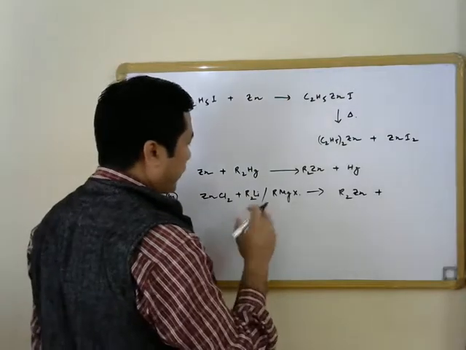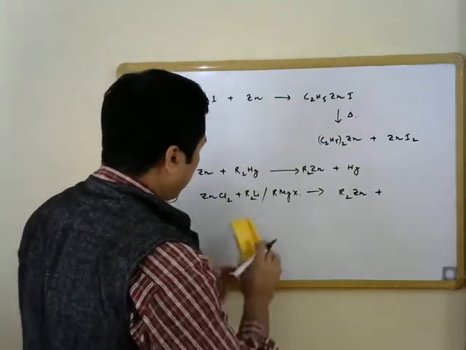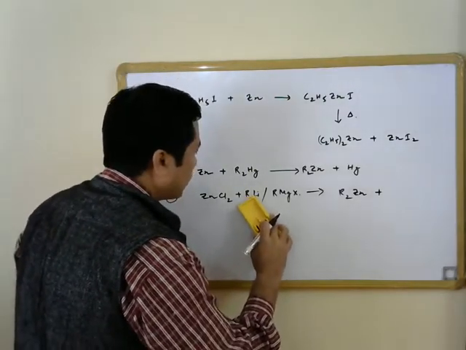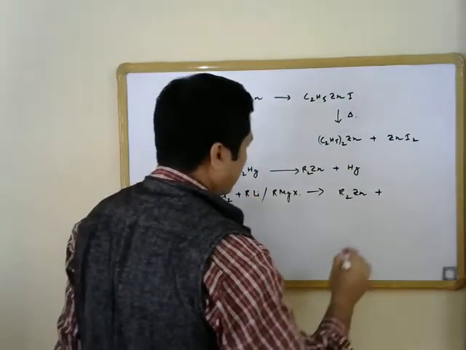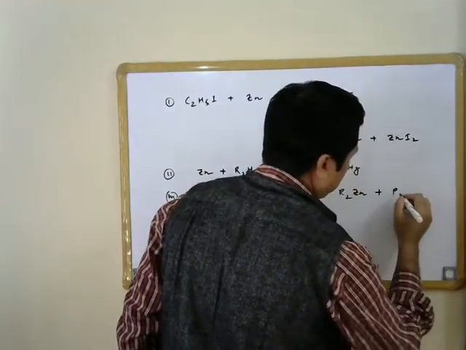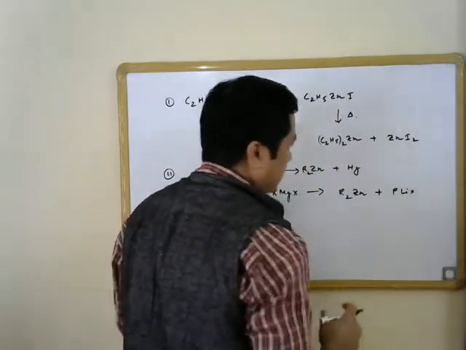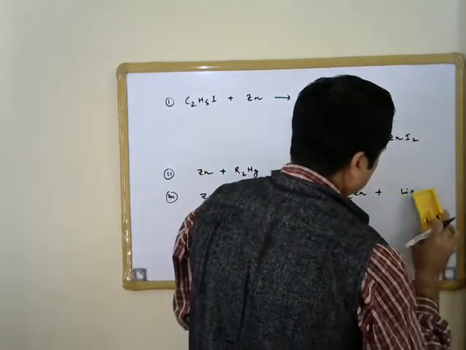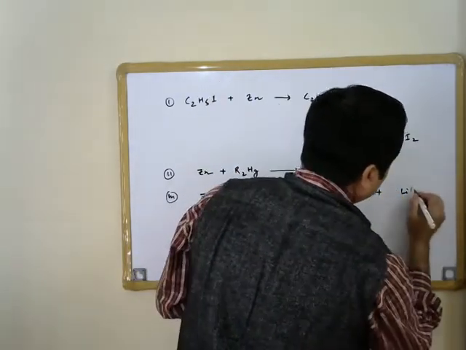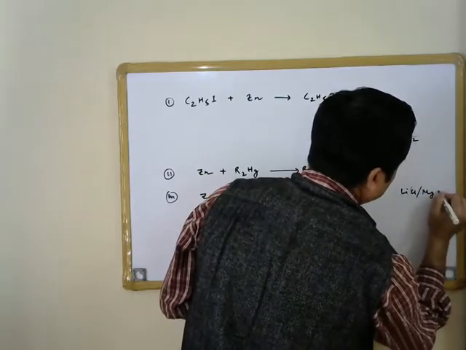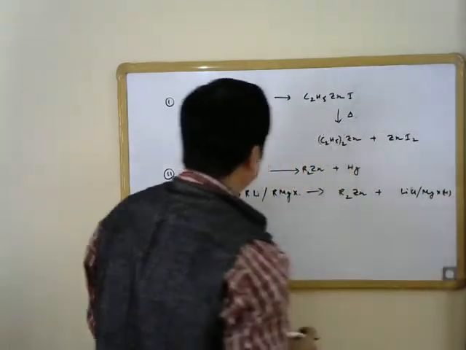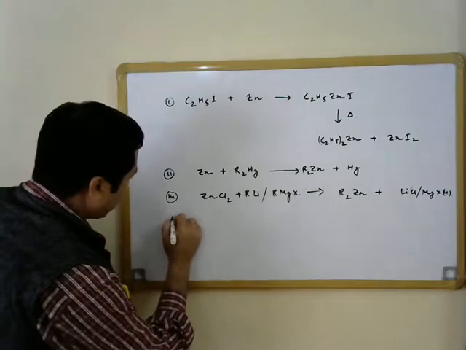Depending upon whether you have used RLi or RMgX, the byproduct is going to be LiCl or MgXCl, any one of these. Then there is another method.